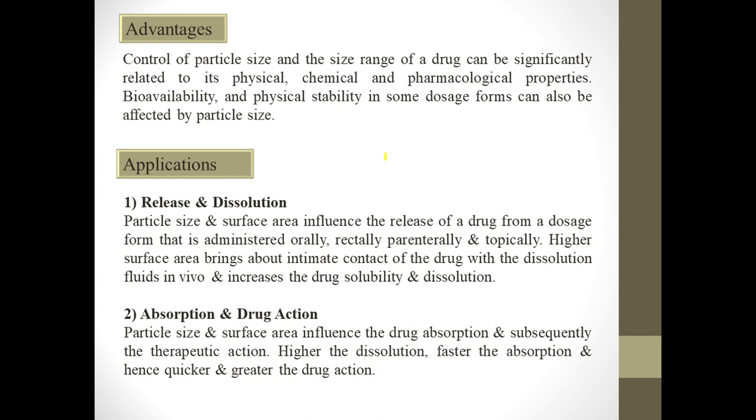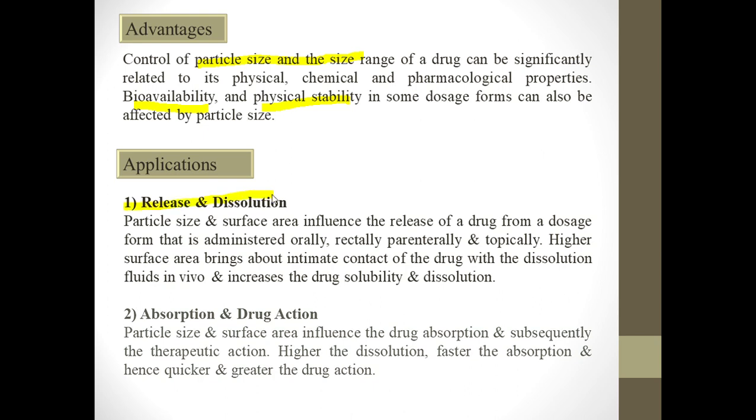Now, what are the advantages when you control the particle size and the particle range? All the pharmacological, physical as well as chemical properties of the substances are under control, which can guide bioavailability and the physical stability of the dosage form at the same time. What is the application of micromeritics? The application is in release and dissolution.